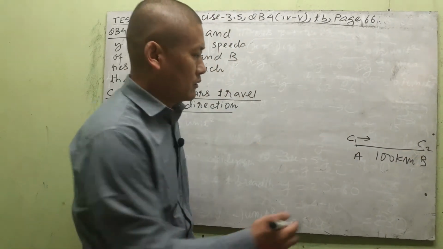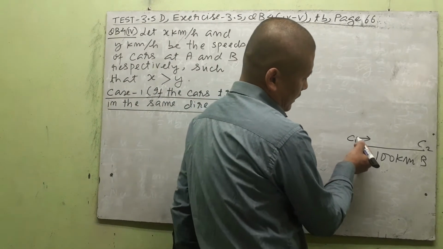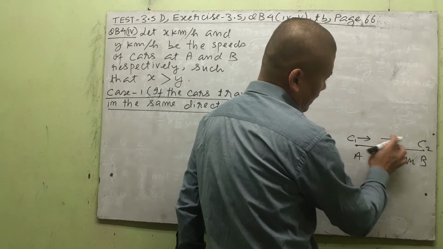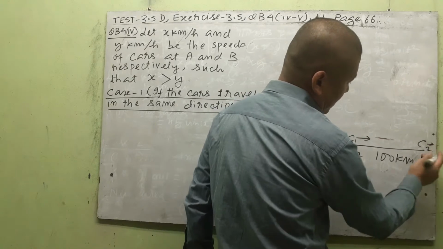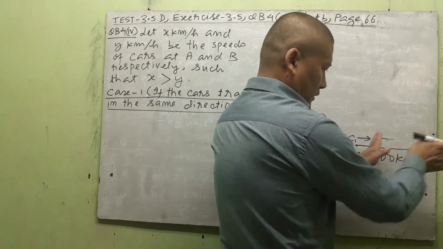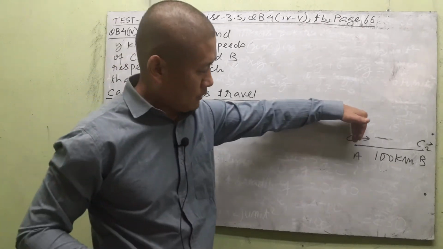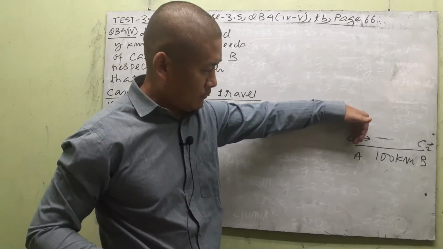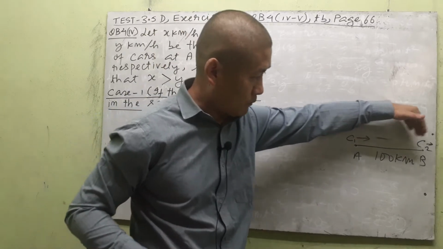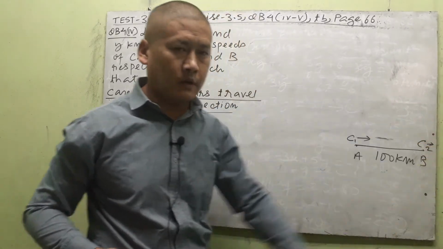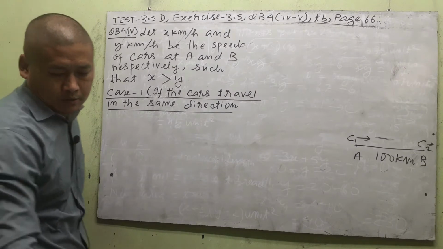The question is saying they are meeting, so obviously the higher speed car at A is moving this way, and the other car here is also moving more away, in the same direction. So the car at A having x kilometer per hour speed catches up with the car at B after 5 hours, right? So let's read that once.